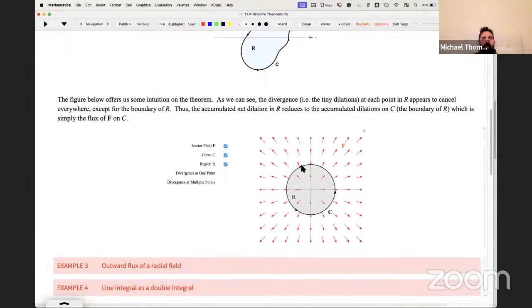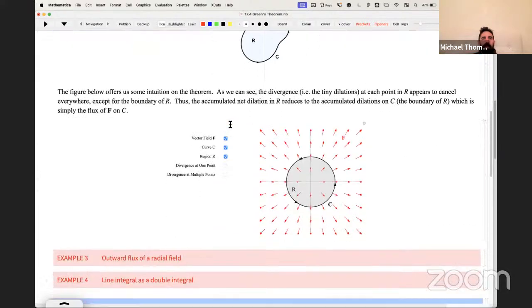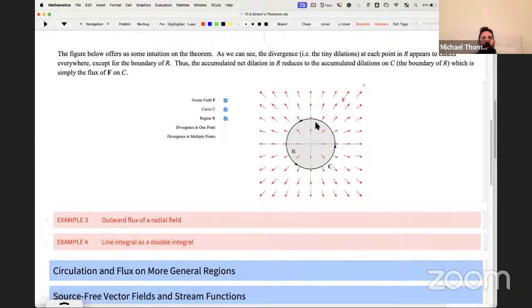Okay, so let's see if we can get some intuition as far as why adding up all of the little divs gives us the flux just on the boundary of the region, or the boundary curve C. Well, if we add up all of the little divergences inside, what you'll notice is that if you take two that are right next to each other, like this one is expanding outward, and this one is expanding outward.